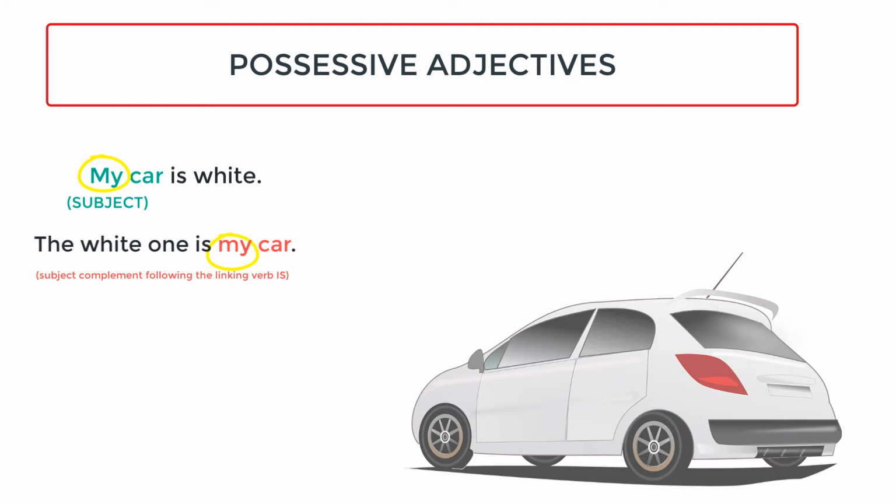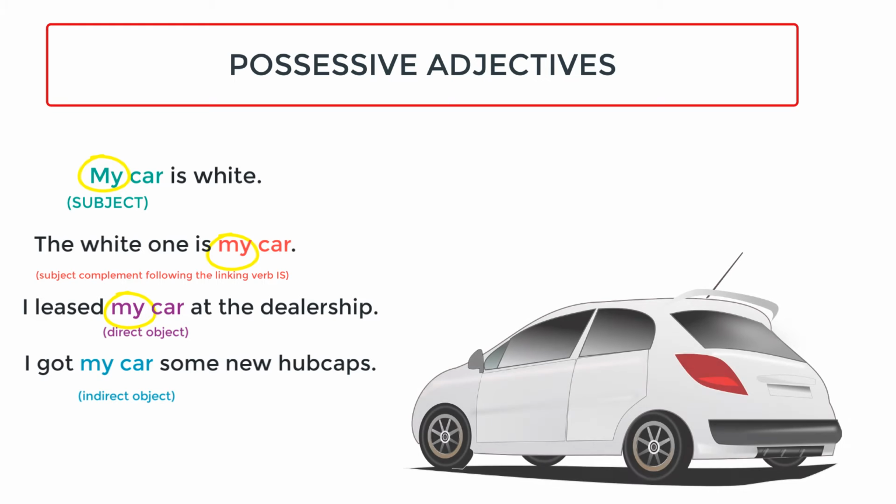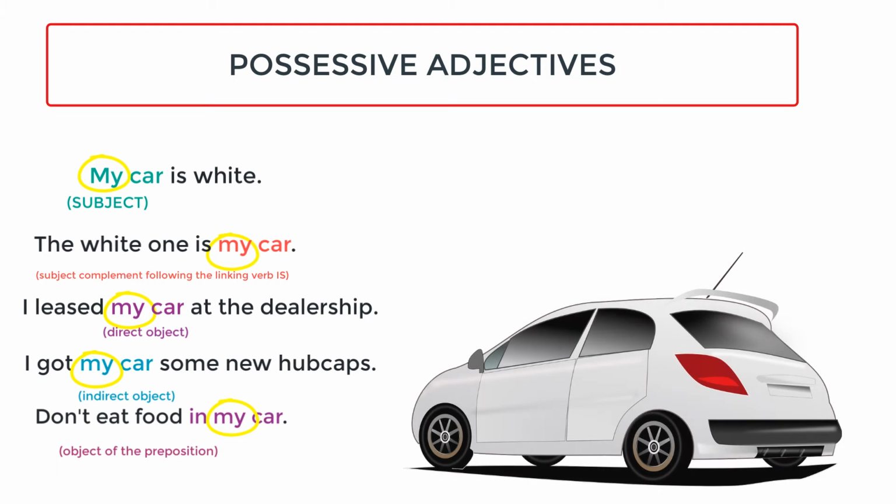As a direct object, I leased my car at the dealership. As an indirect object, I got my car some new hubcaps. And as the object of the preposition, don't eat food in my car. Let's go on and look at some more examples side by side.